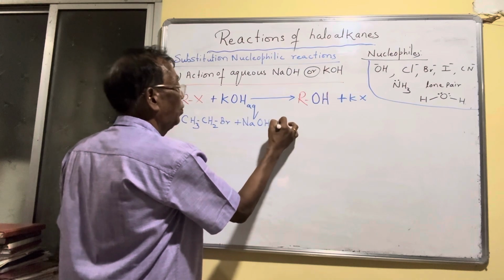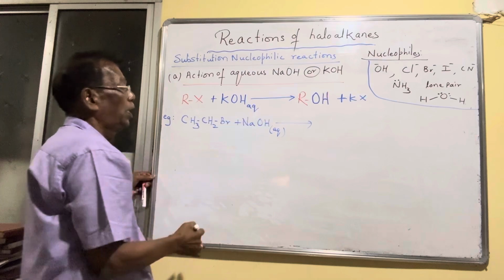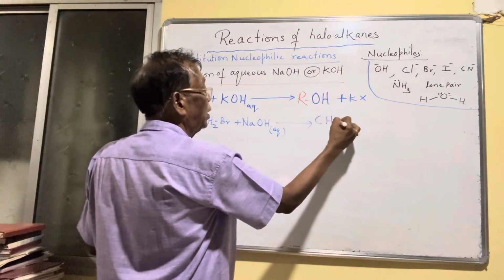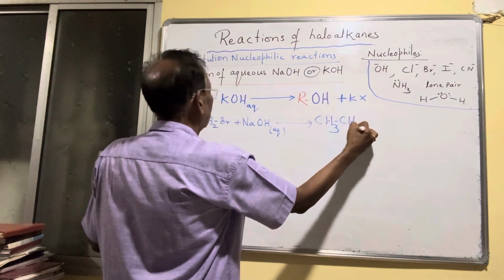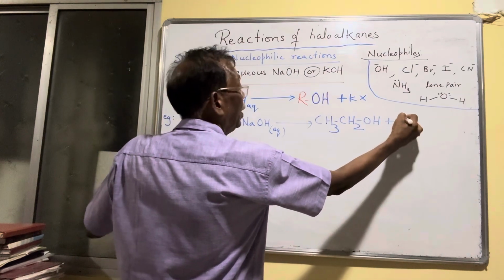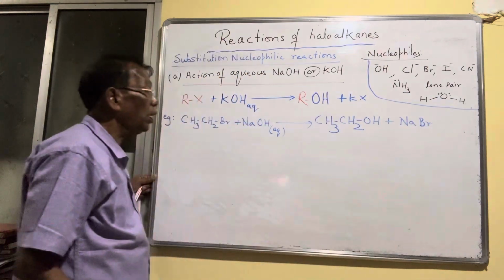Then what we'll get from here will be CH3CH2OH plus NaBr.